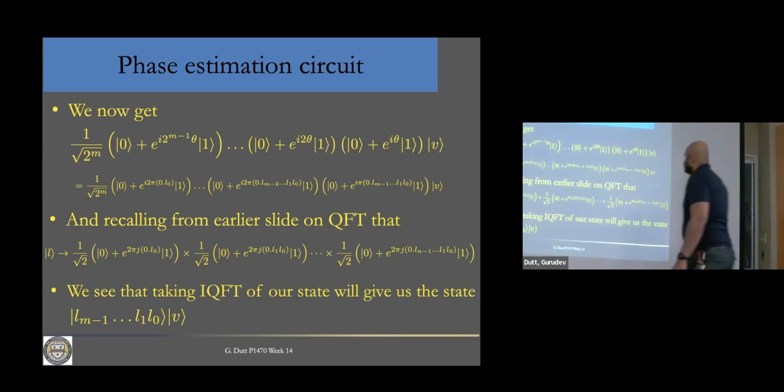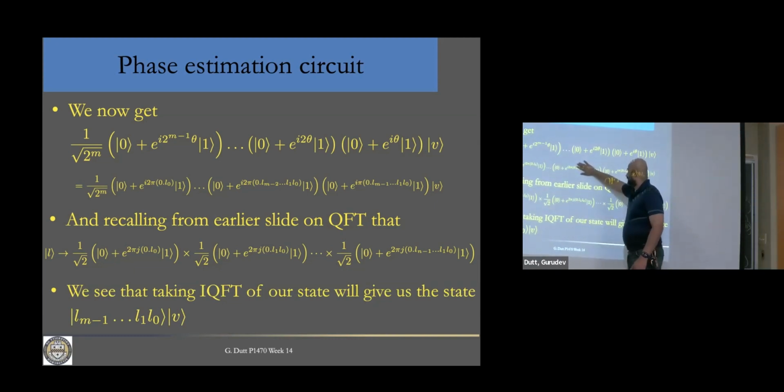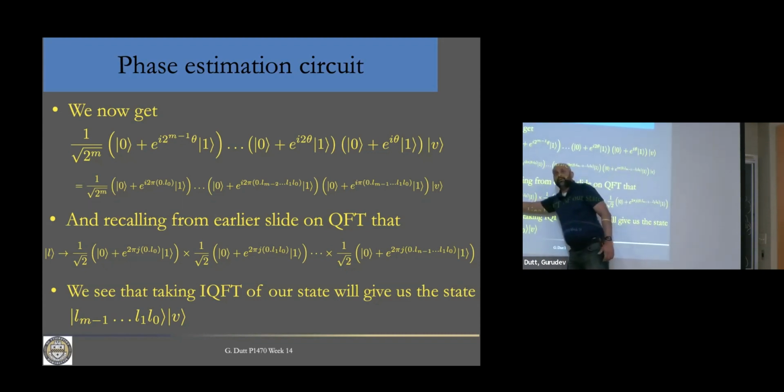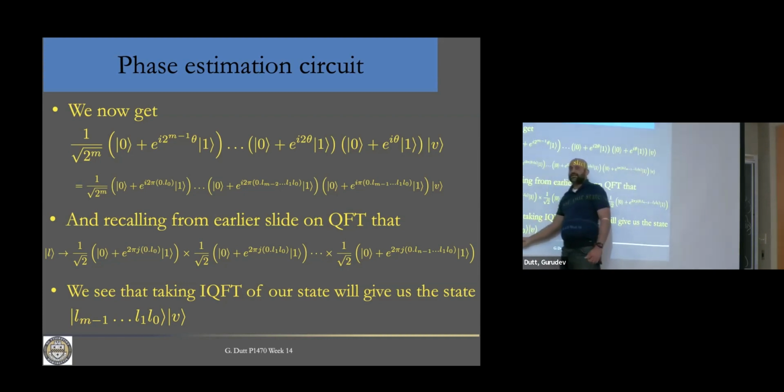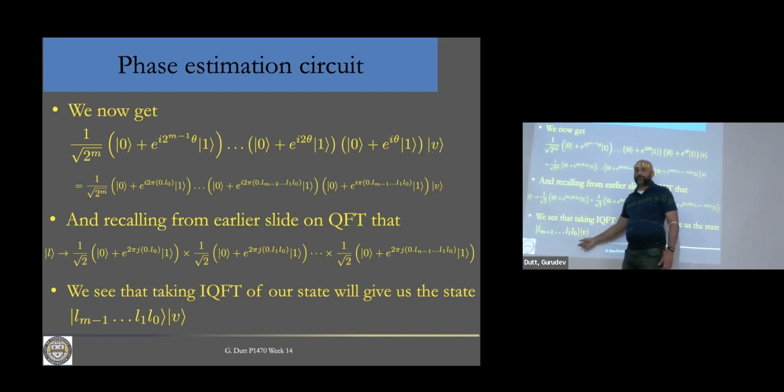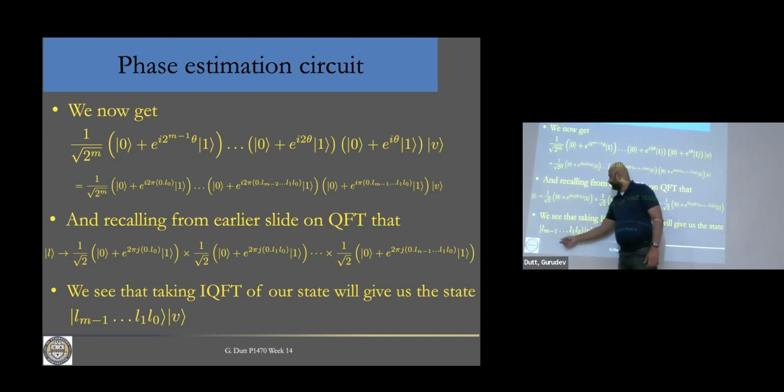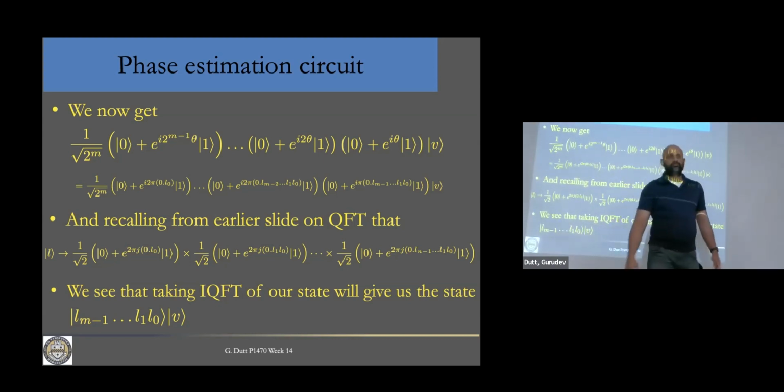So by taking the inverse quantum Fourier transform of this state, I'll undo this effect and come back to the state L, which, remember, is in fact all the bits in the string that I want to calculate, which will be L_{m-1} up to L1, L0.